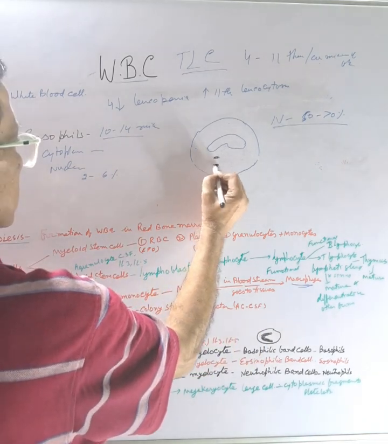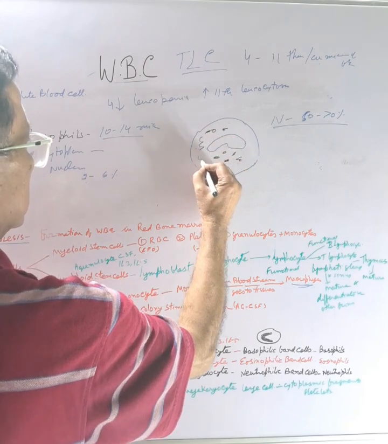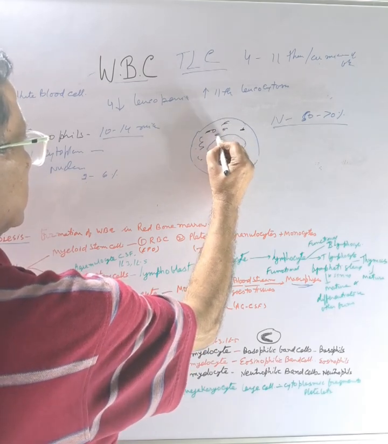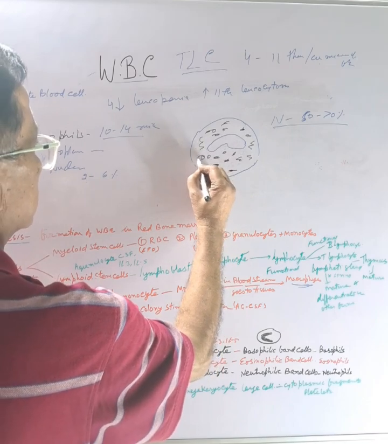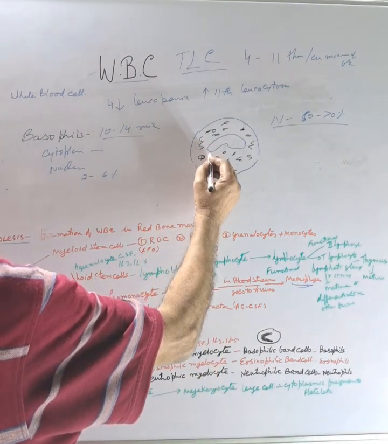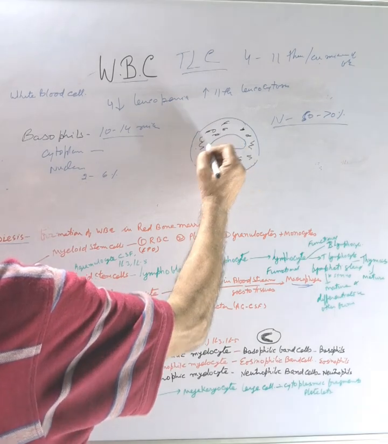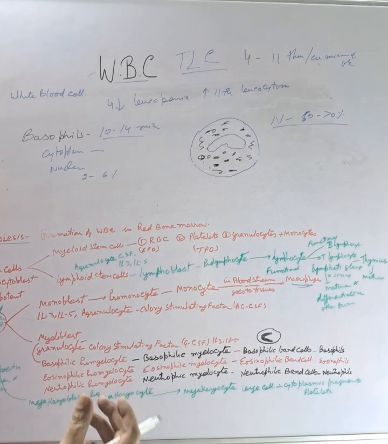Cytoplasm contains many coarse bluish granules, that is basophilic granules, and these granules cover or mask the nucleus.